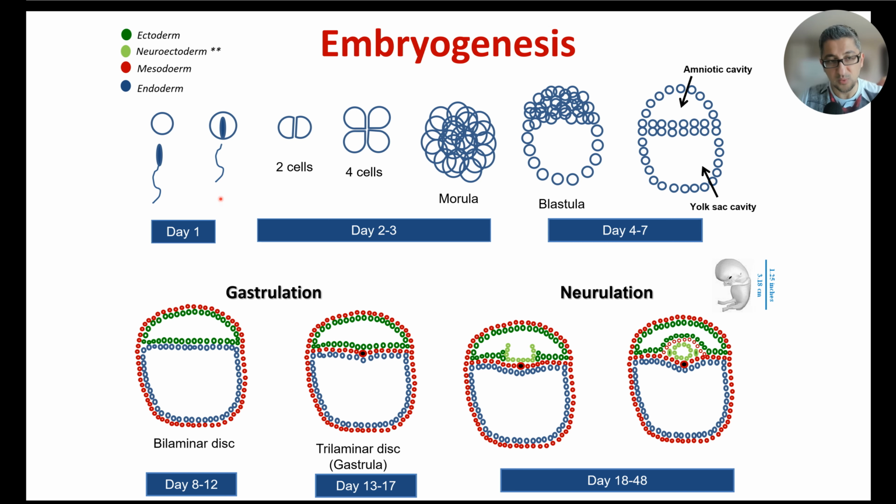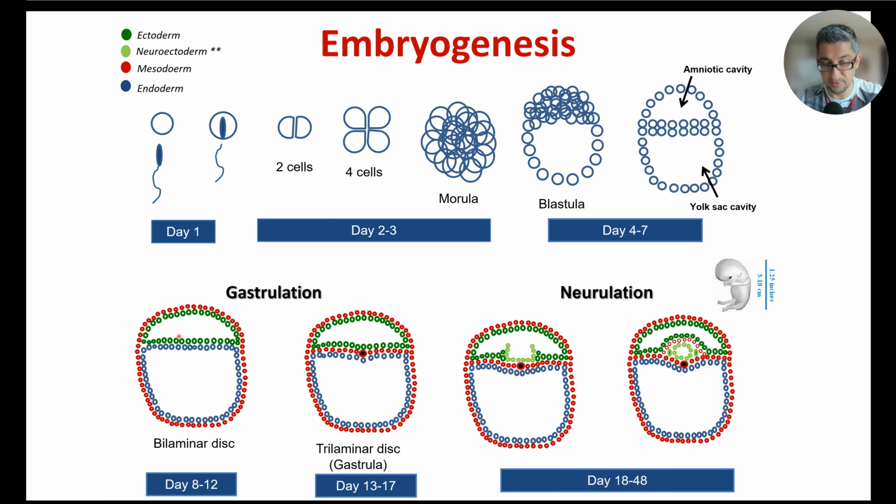As we all know, life starts with a sperm and an ovum forming 2 cells, 4 cells, then morula at the day of 3, and between 4 to 7 days, blastula is formed and eventually forms the amniotic cavity and the yolk sac cavity, which will form the bilaminar disc, and this bilaminar disc will become the trilaminar disc.